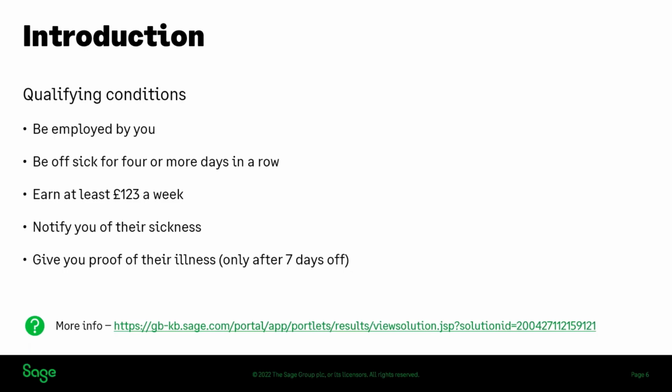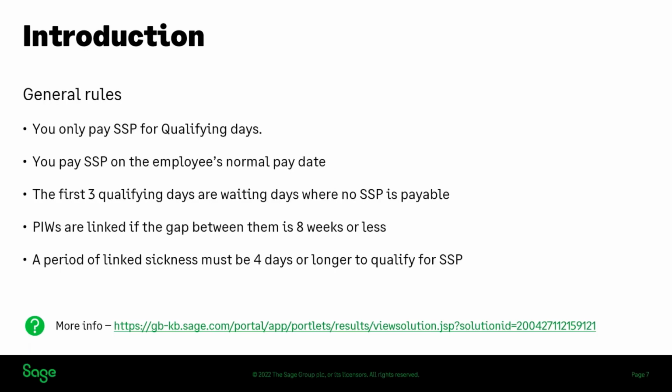And they must notify you of their sickness. So they must let you know that they are off sick. After 7 days of being off, they then must provide you proof of their illness via a doctor's note, but this is only after they've been off for 7 consecutive days as well. So those are some of the qualifying conditions, in fact, all of the qualifying conditions.